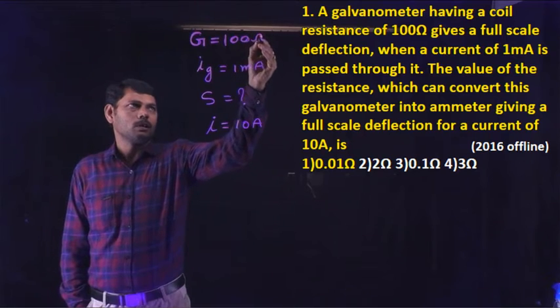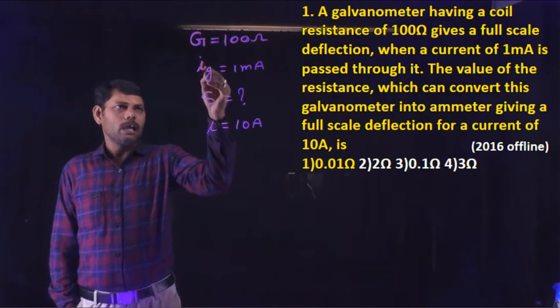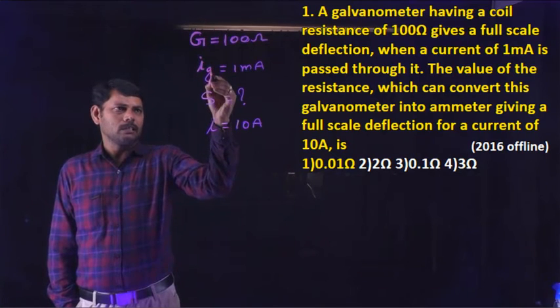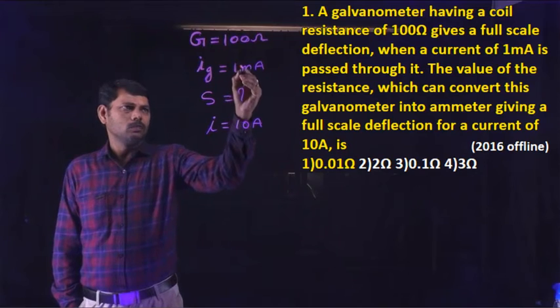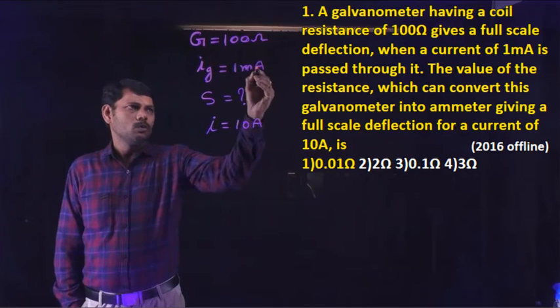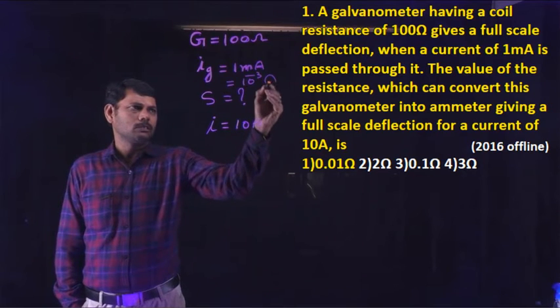This is the first one. And the current passing through the galvanometer, the maximum deflecting current: the maximum possible current is 1 milliampere, which is equal to 10 power minus 3 amperes.